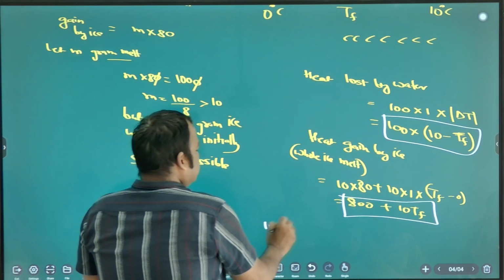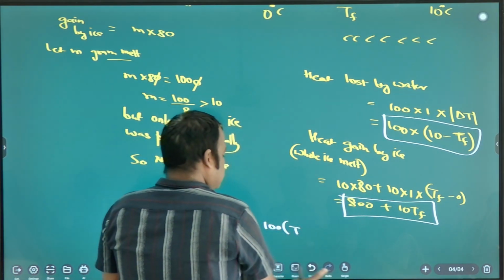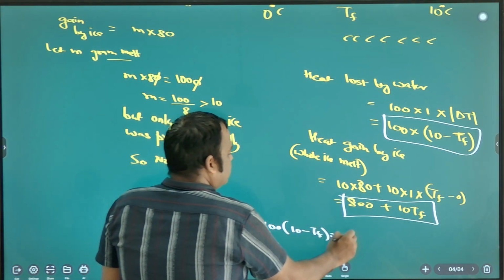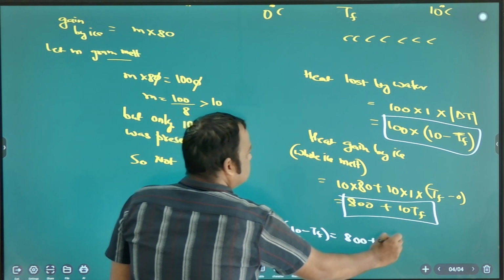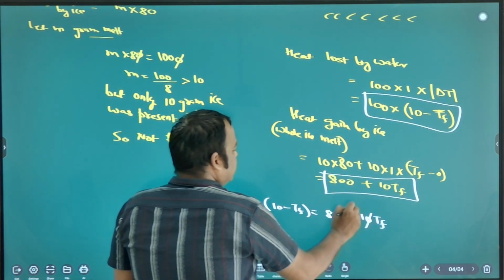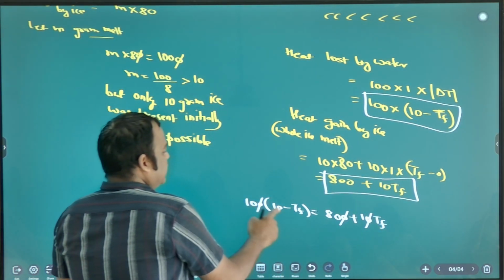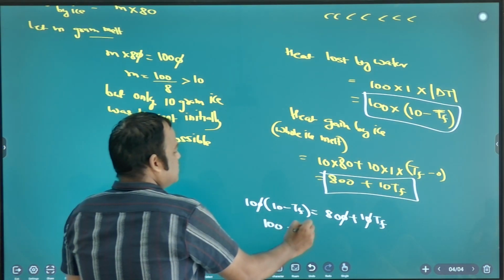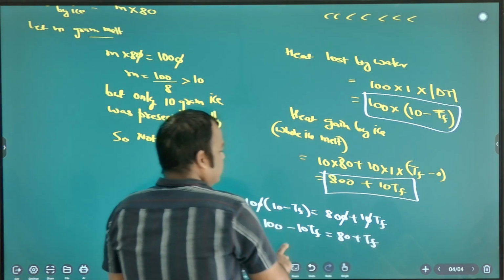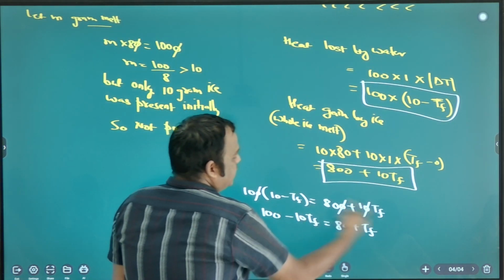So 100 into 10 minus TF is equal to 800 plus 10 TF. 10 cancels. So 10 into 10, 100. 100 minus 10 TF is equal to 80 plus TF.